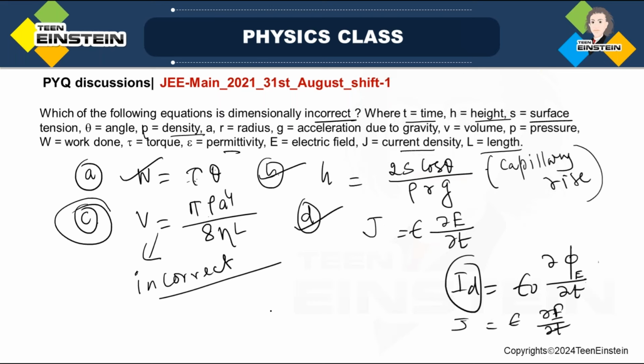Okay, so with this I'll stop it here for today. In the next class we'll take the second shift of this particular paper, then we'll go for the discussions of the recent papers of 2024.